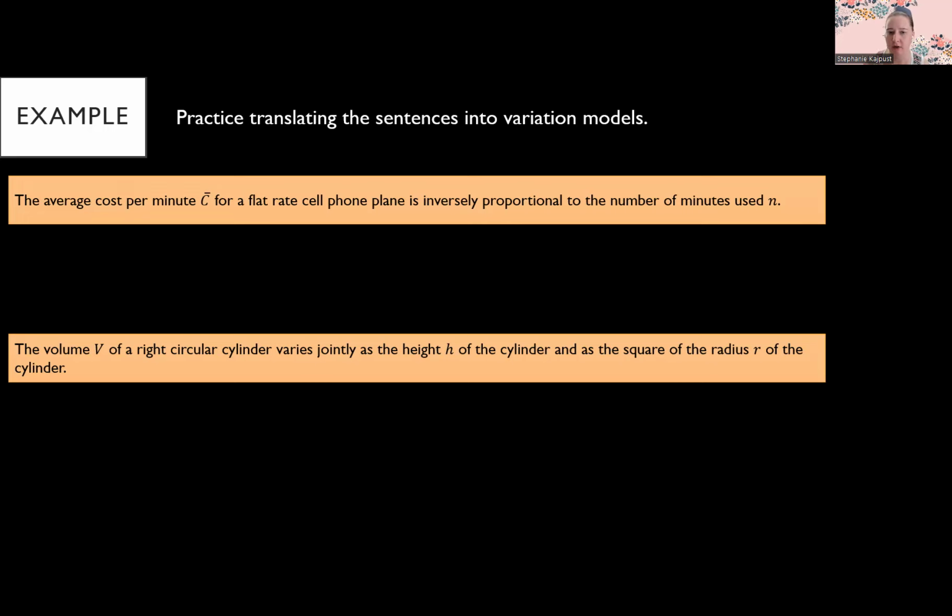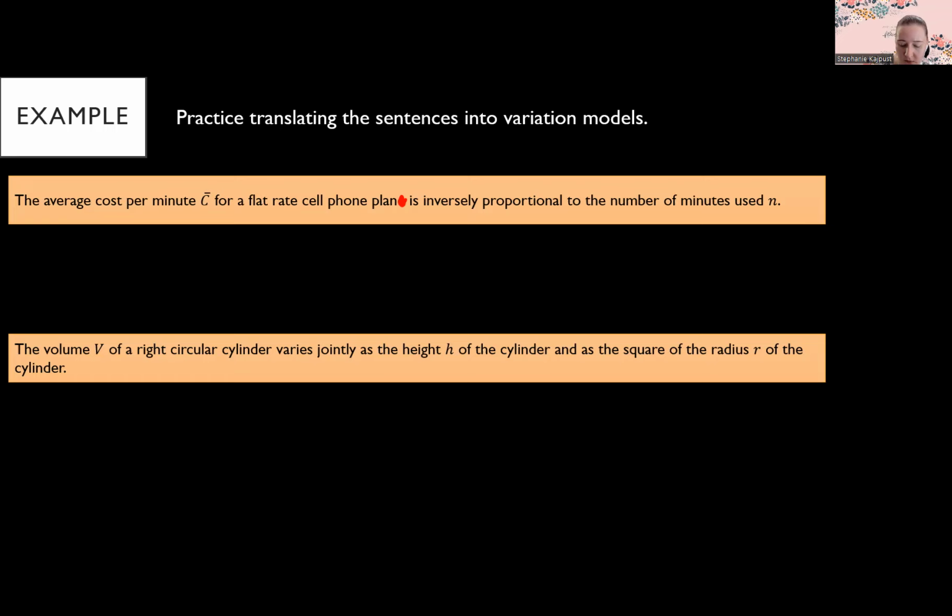So we have the average cost per minute, C bar, that's how we read it out loud, for a flat rate cell phone plan. I got several typos here. Plan is inversely proportional to the number of minutes used, N. There's a lot of words here, but we're going to distill it down to the most important things.